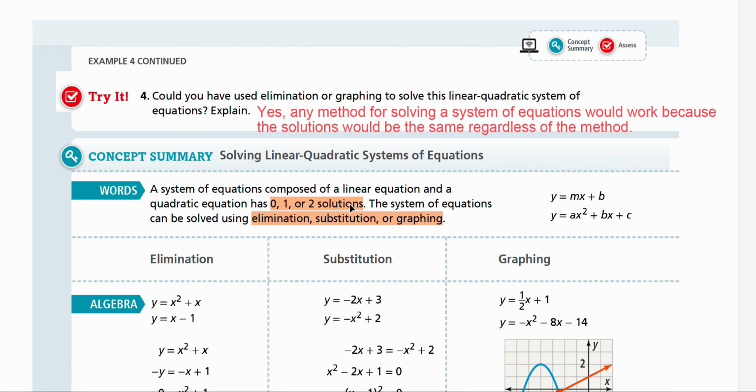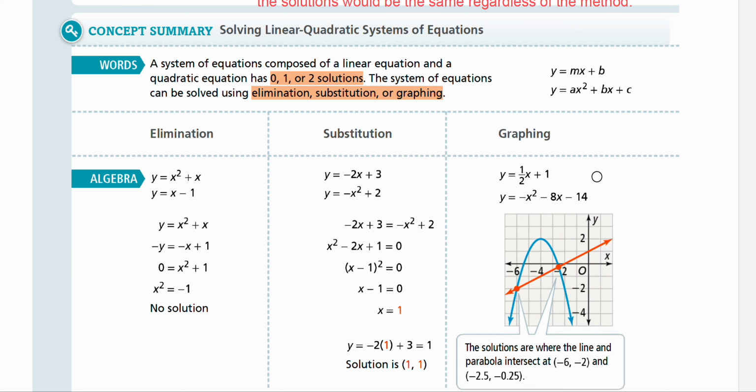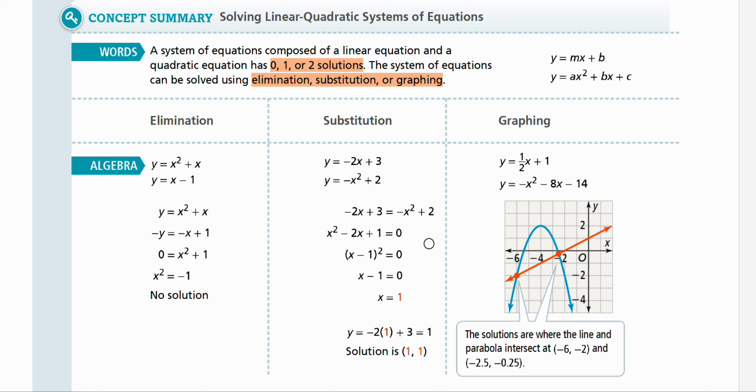So the number of solutions and the 3 methods are the same as solving systems of linear equations. So yeah, now that we know how to solve quadratic equations, we can also solve linear quadratic systems. So these are some examples for elimination, substitution, and graphing method.